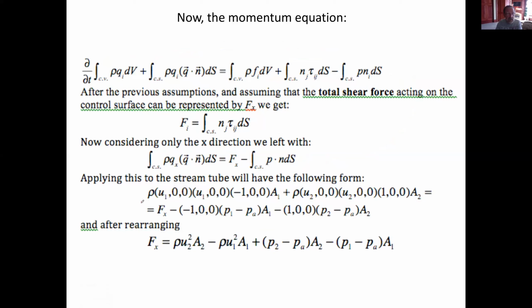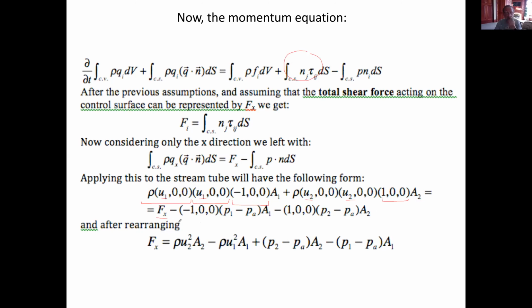This is at the entrance. I have to multiply by U again. This is the unit normal, and then the area. At the exit, it's the same thing. The only difference is the unit normal points out. Also, U2 may not be the same as U1. And then we have this term, which we call Fx.